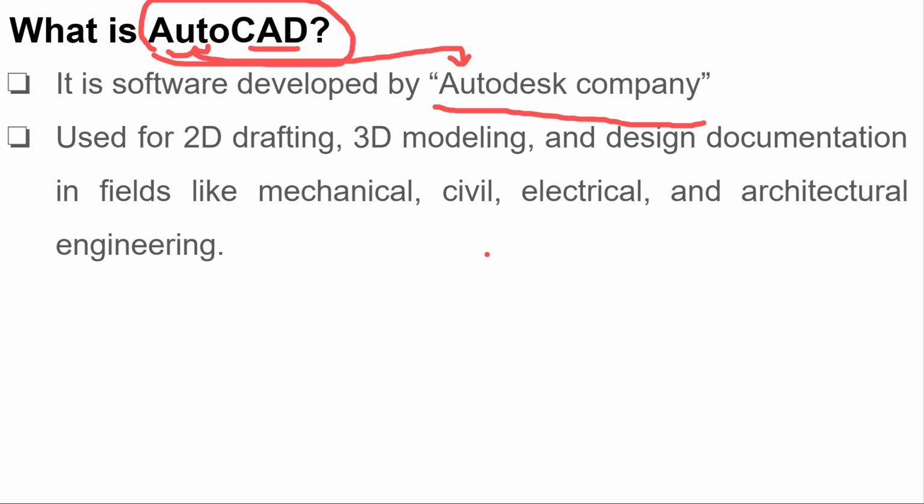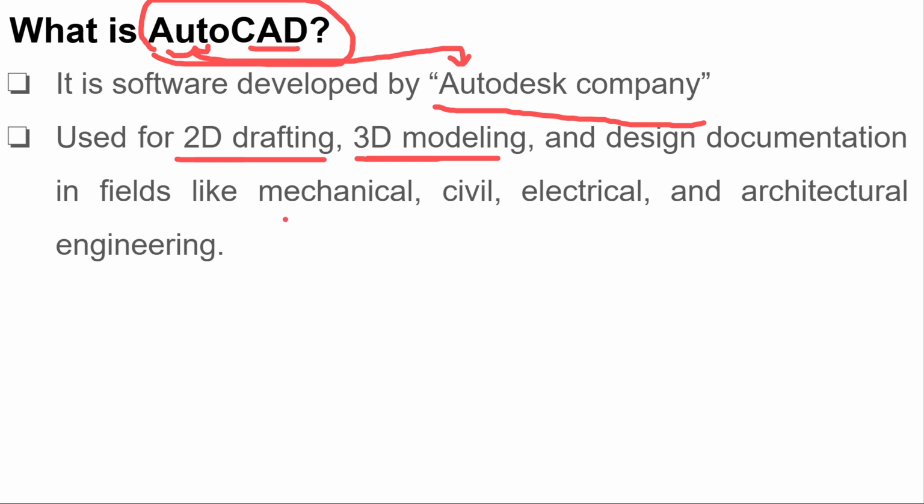So what are we doing in AutoCAD? In AutoCAD, similar to CAD softwares, we are going to have 2D diagrams and 3D diagrams. Also, we are documenting these 2D and 3D diagrams by following the engineering drawing principles.